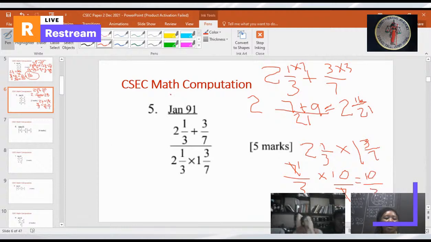Okay, so we're going to divide this by this, right? So we write 2 and 16 over 21 divided by 10 over 3.